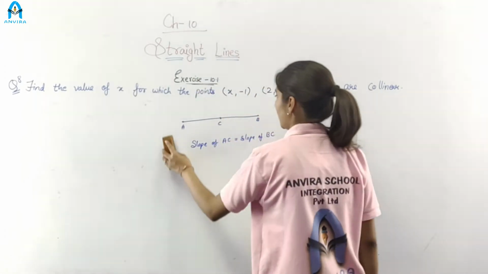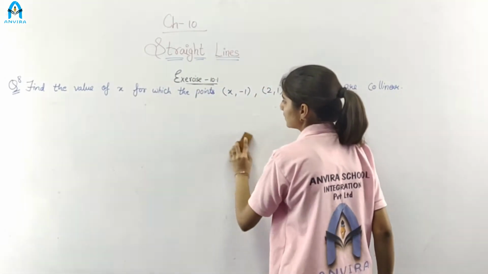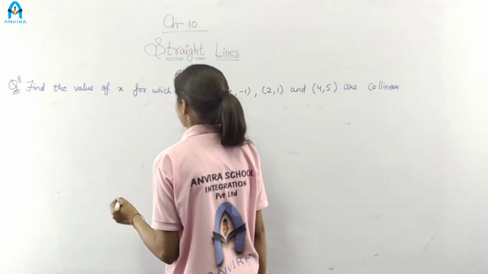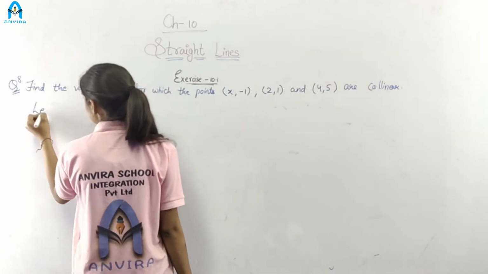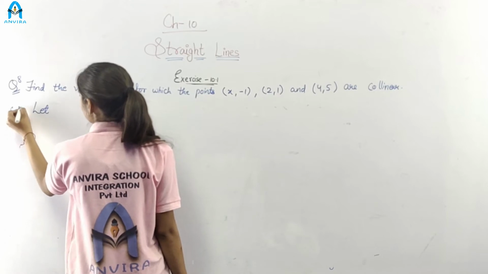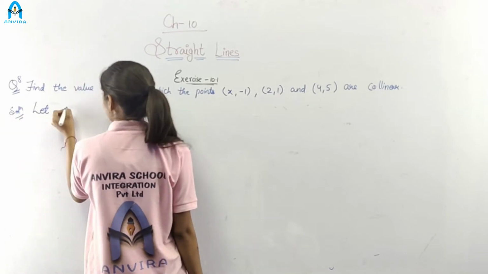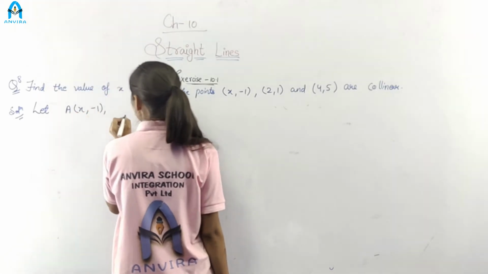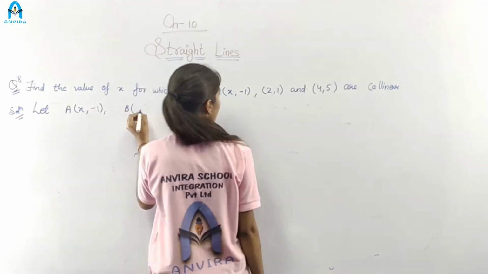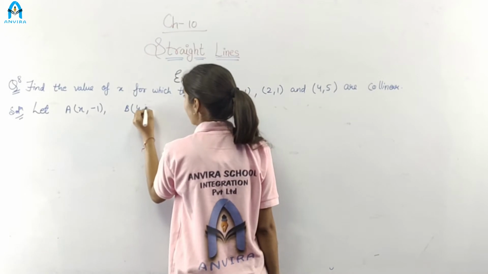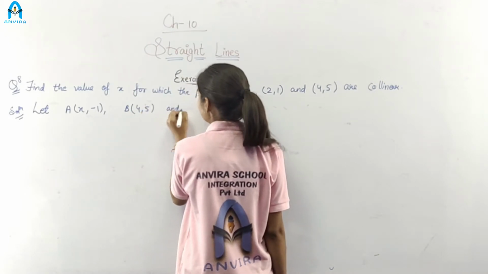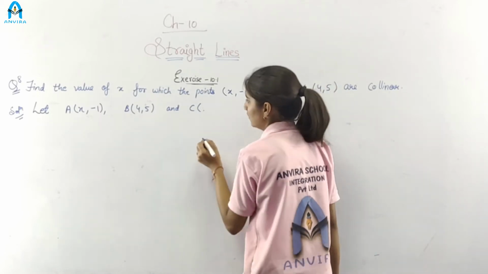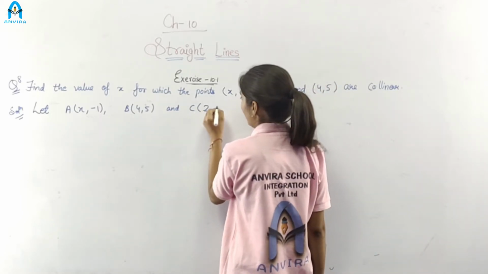So now applying this concept here, let A be (x, -1), B be (4, 5) and C be (2, 1).